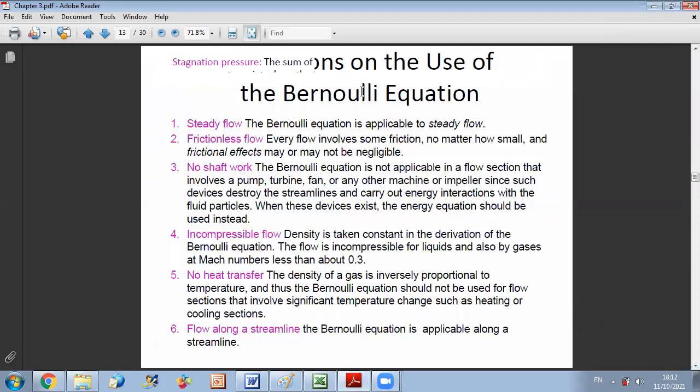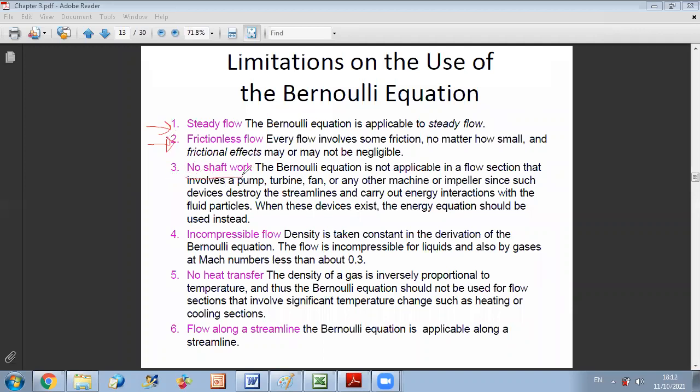So now to summarize again, the Bernoulli equation requires the following conditions to be applied. My flow should be steady. My flow should be frictionless, because I should not have losses to be able to apply the Bernoulli equation.